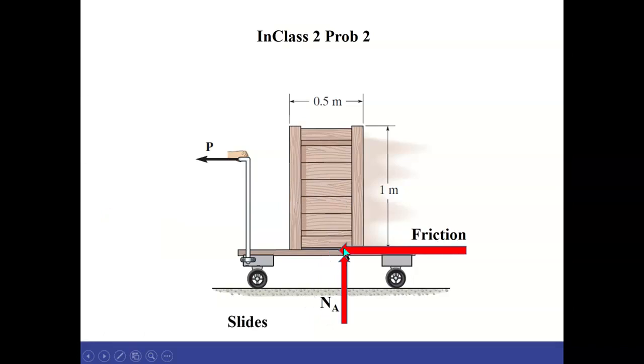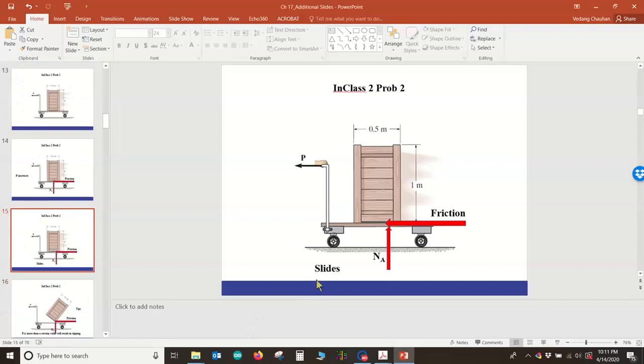But when P increases, the line of action of the force starts shifting towards the right, towards the corner of the crate. As long as this normal force is still within the 0.5 meter width of the crate, it will not tip. It will just stay on the cart. So I should remove this word. We don't need it.